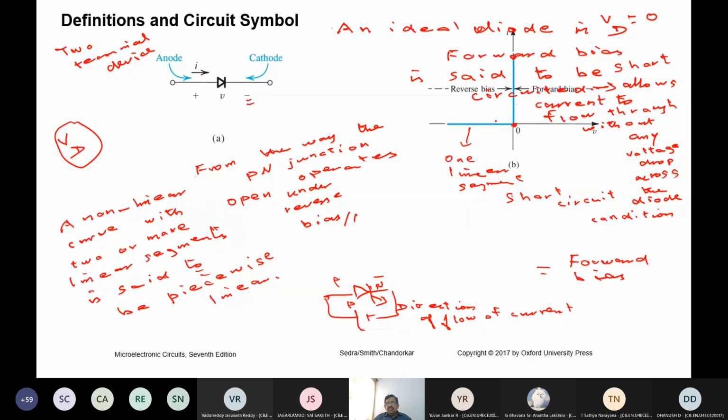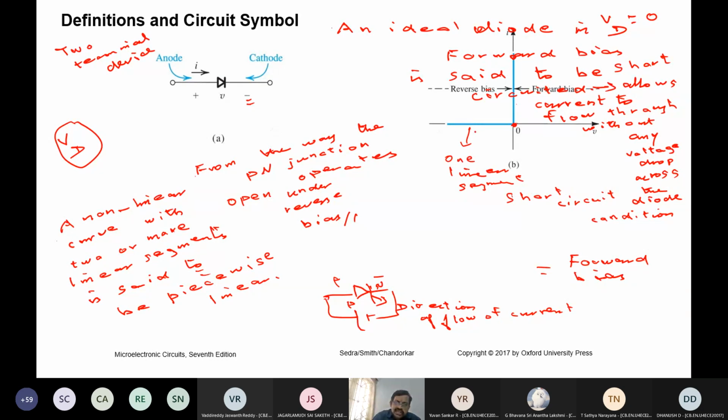So if my output swings only, for example, in this region, in only one of the linear segments, then I can do a perfect linear analysis with this circuit. On the other hand, if the signal swings in more than one linear segment, both here as well as here, then I cannot do linear analysis.